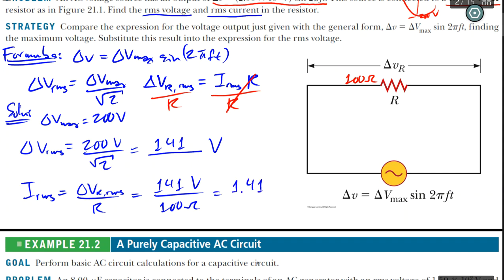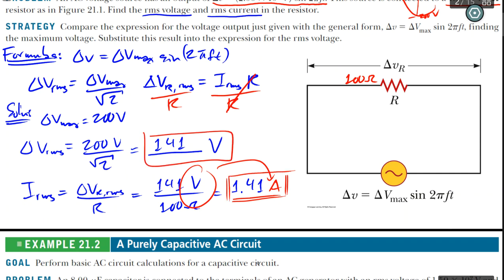Just move the decimal place over, and the units should end up being in terms of amperes. And there we go. Let's make this nice and clean. Those are our two answers for the RMS voltage and the RMS current flowing through this resistor right here.